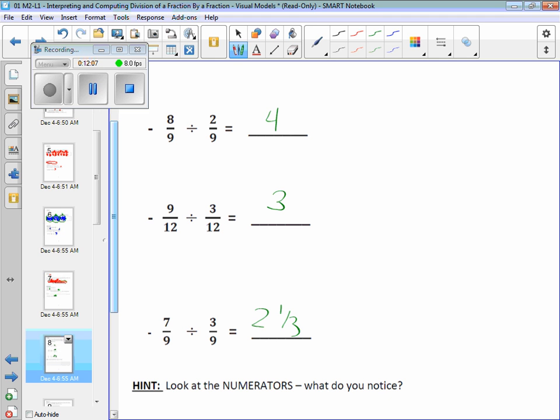And 7 divided by 3, even though you may or may not see it that way, if you go 3 into 7, it goes twice, a remainder of 1, 2 and 1/3. So that's the shortcut when the denominators are the same. Obviously, eventually, we're going to get to dividing fractions and mixed numbers with unlike denominators, but we've got to be able to walk before we can run.